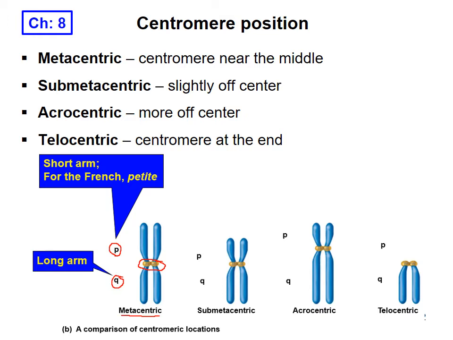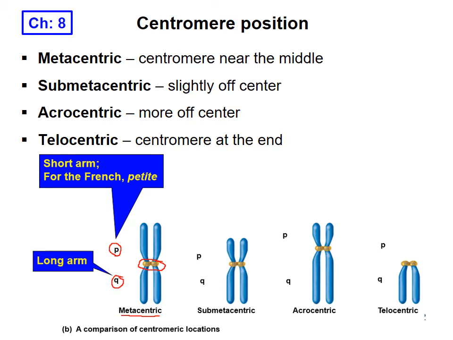Both of these letters are used for locational terminology. So for instance, if you're reading an article and it says this particular disease can be located on chromosome 2 by the Q, that means it's located on the second chromosome on the long arm. So P means the short arm, Q means the long arm of the chromosome.